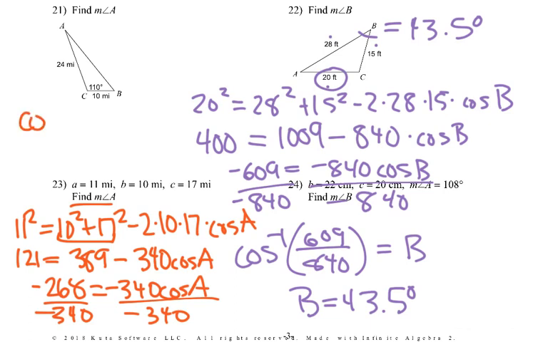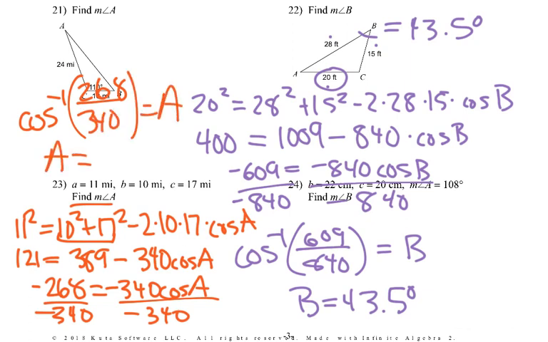We end up with the inverse cosine, because we're going for angle A, of 268 over 340 will equal angle A. So angle A becomes 37.979, so basically 38 degrees.